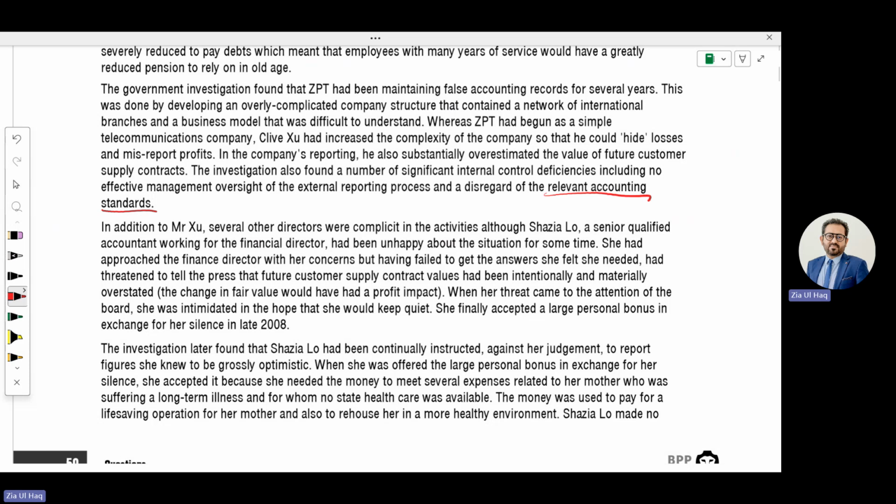The change in fair value would have had a profit impact. She threatened, I will speak to the press regarding this overstatement. So when her threat came to the attention of the board, she was intimidated and pressurized in the hope that she would keep quiet.